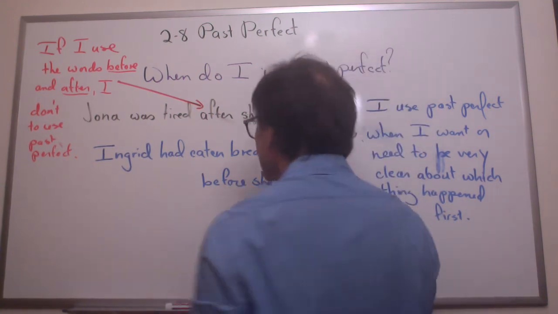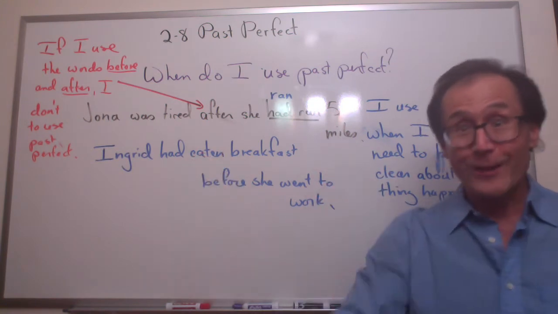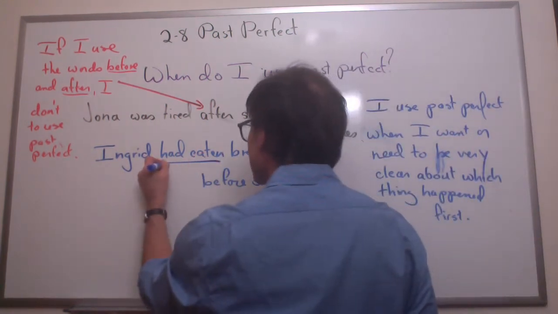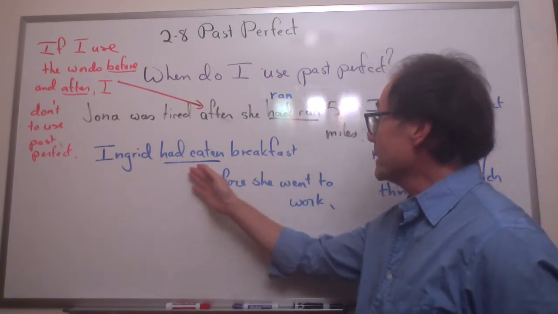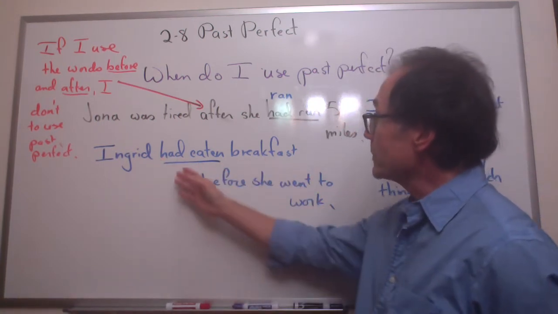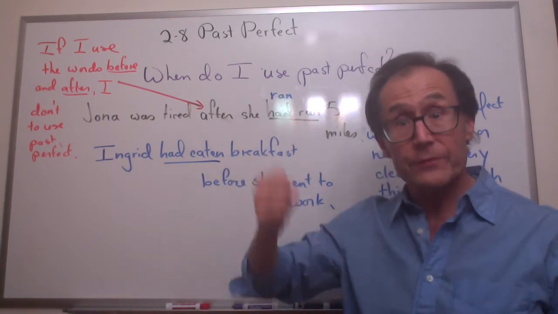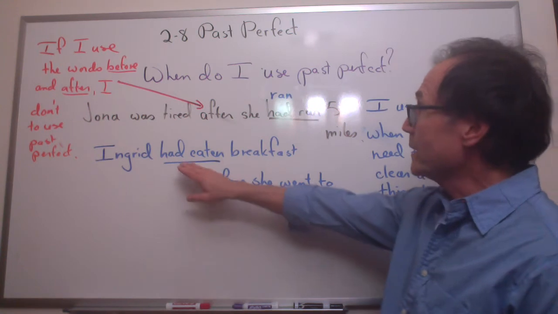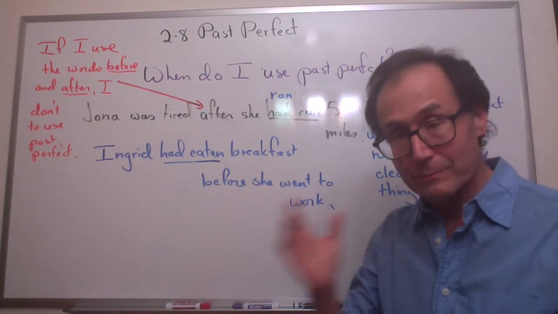So here, again, take a look, find the past perfect verb. Okay, you're right. It's right here, had eaten. Now, Ingrid had eaten breakfast before she went to work. So again, past perfect is just like a little sign here that says I happened first. And so I know, oh, she ate breakfast before she went to work.